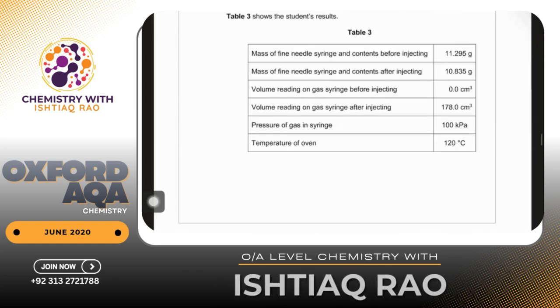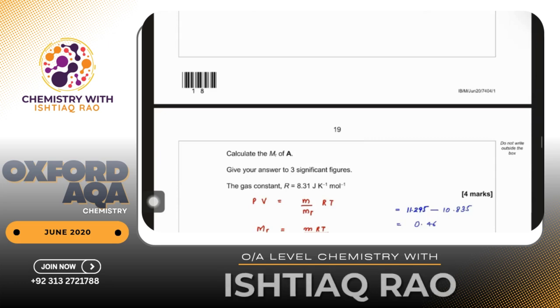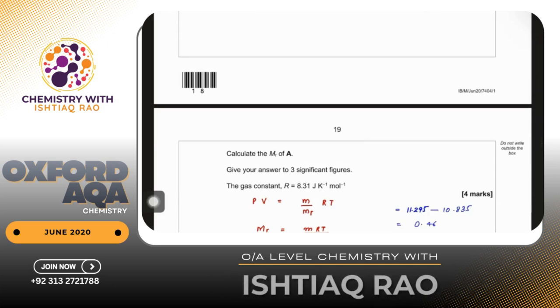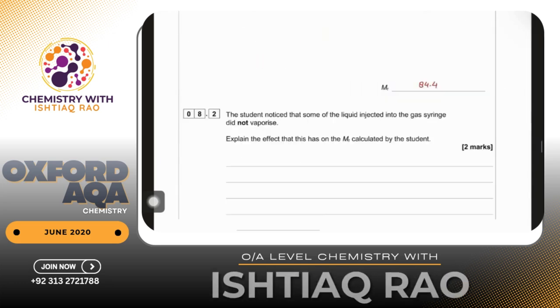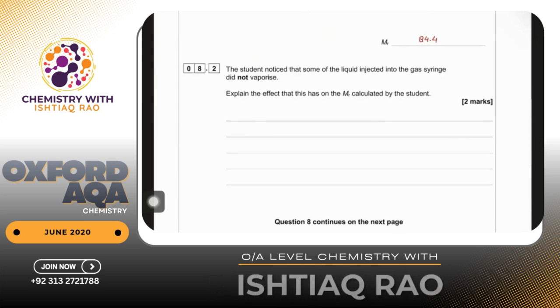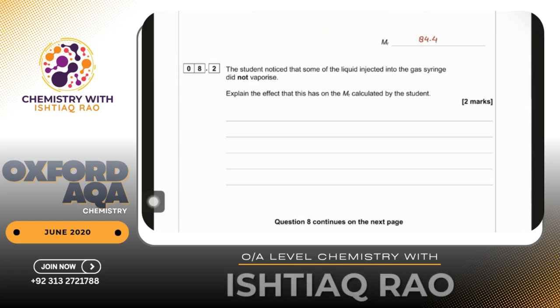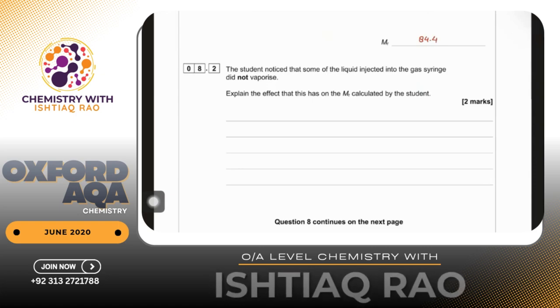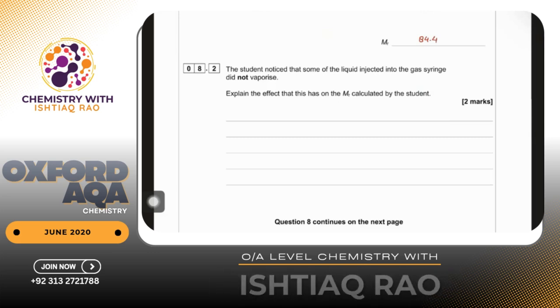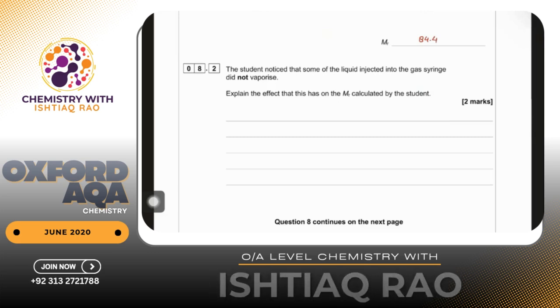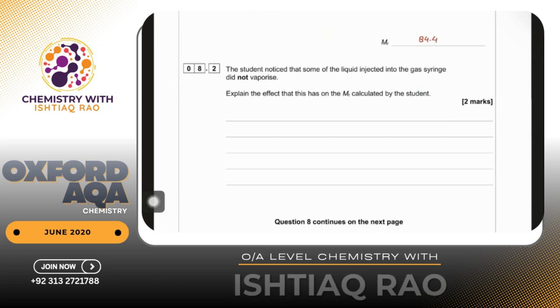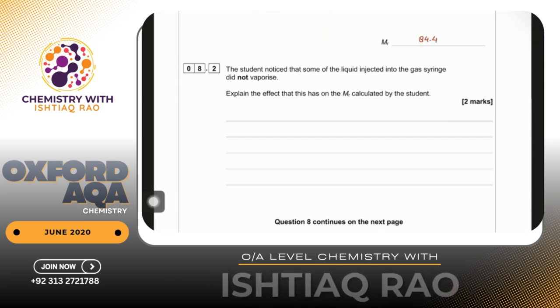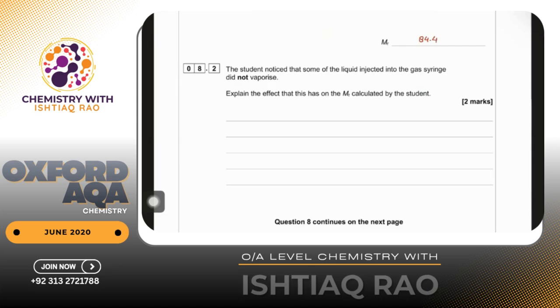So first of all, we have to say, will it increase or decrease? Since we know that the formula for the MR is mass over mole.